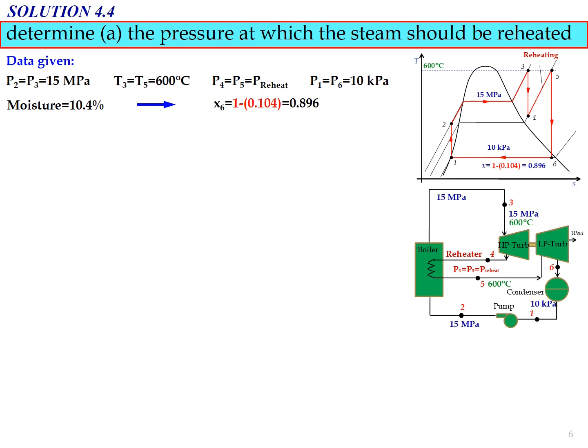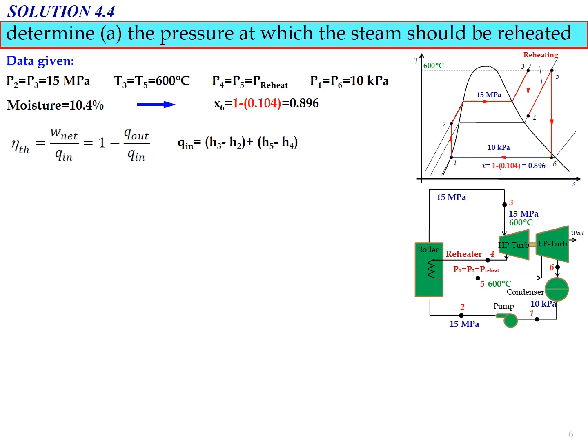So from this value we know that state number 6 will be in the saturated mixture phase, because we have the value of quality at state number 6. And in order to determine thermal efficiency, we can use the general thermal efficiency equation.